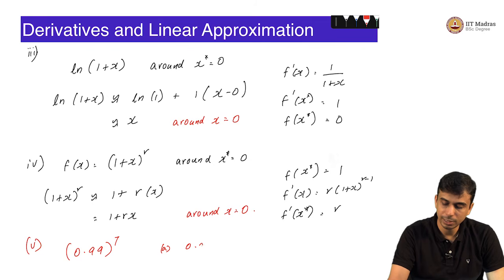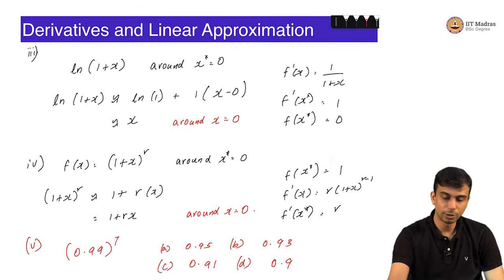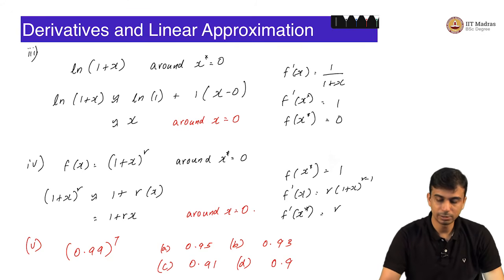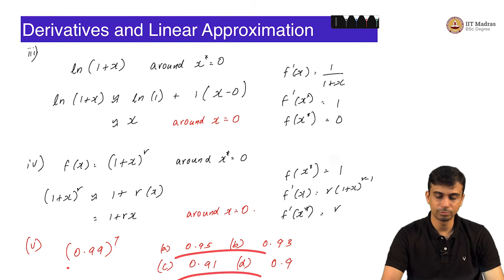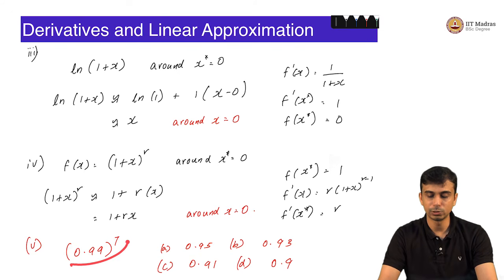The 4 options are A is 0.95, B is 0.93, C is 0.91 and D is 0.9. Neither of these is exact, but the question is which of these is closest.